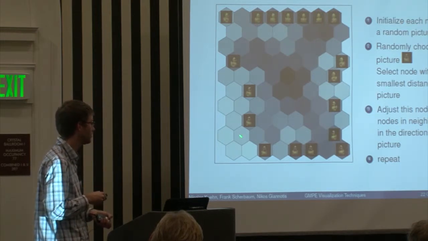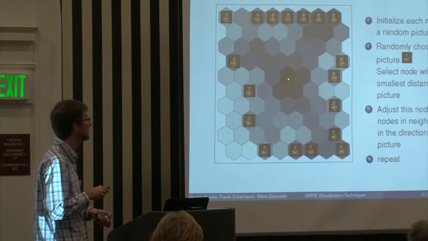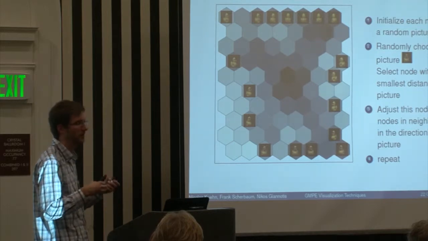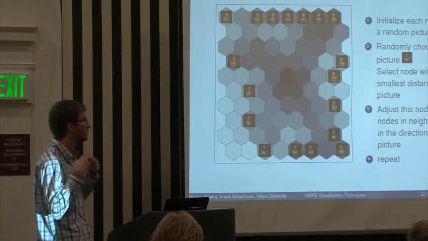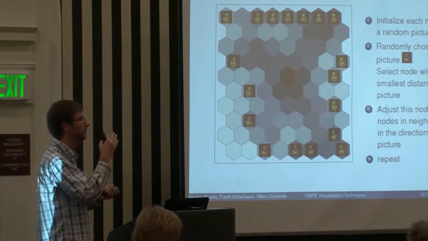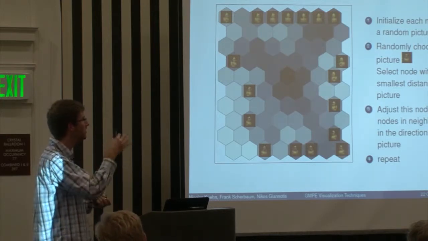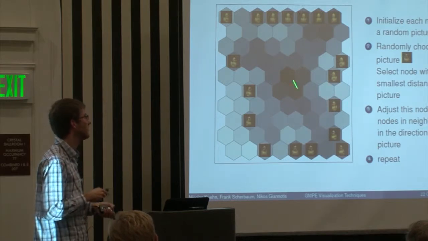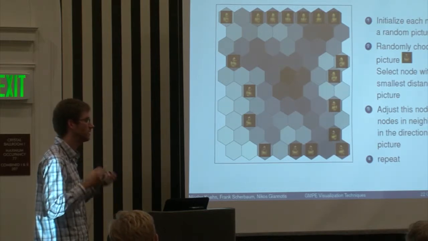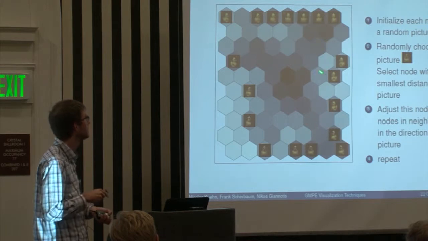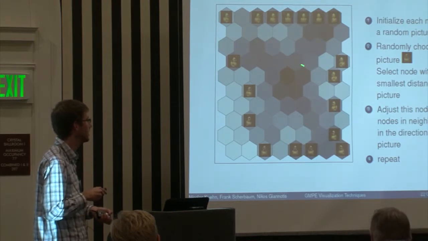This one is very close to these, and this node is actually very far away. Darker colors represent, you could call them, hills on that map. Dark colors represent large average distance from this node to the neighboring nodes.